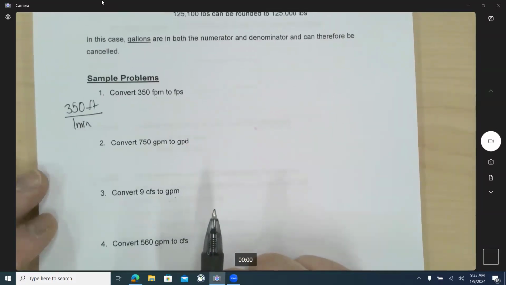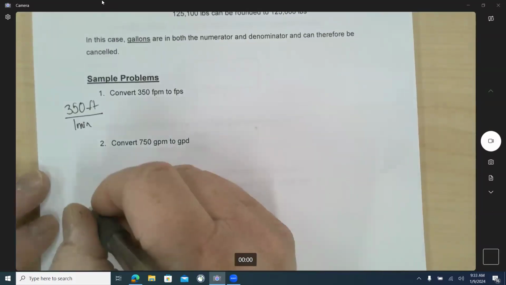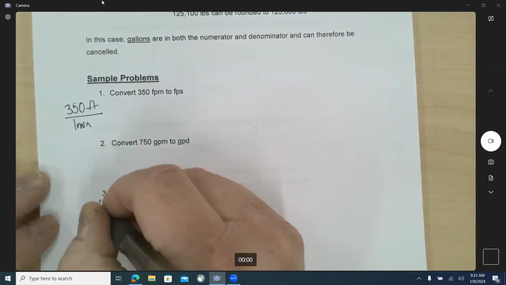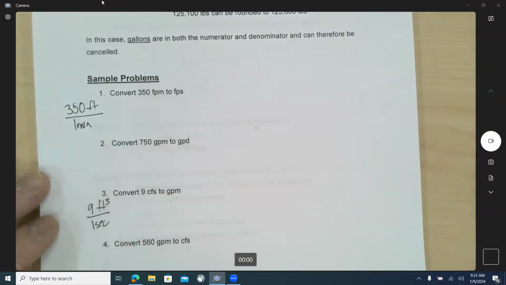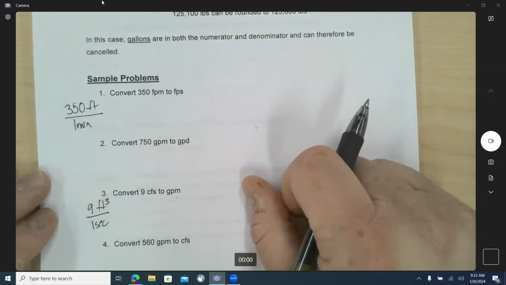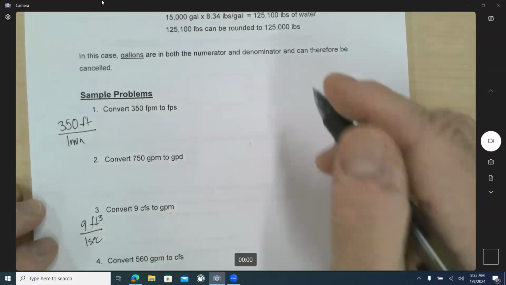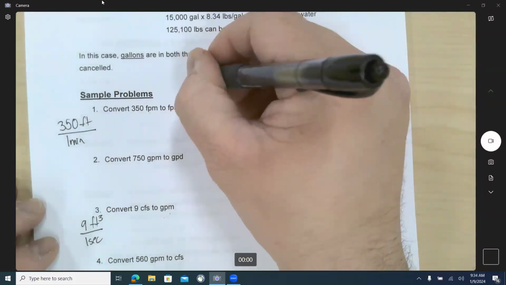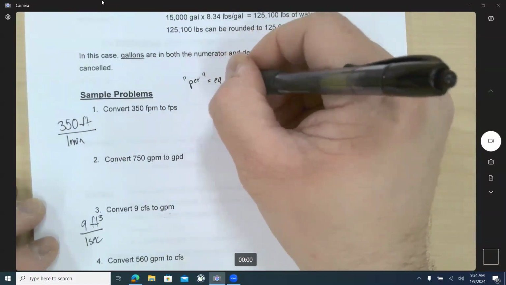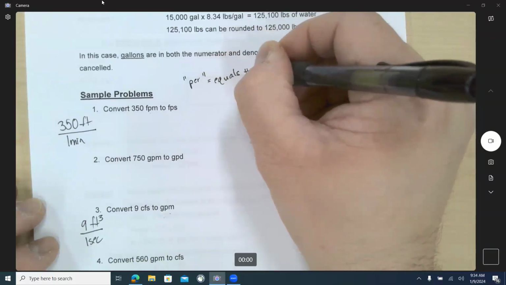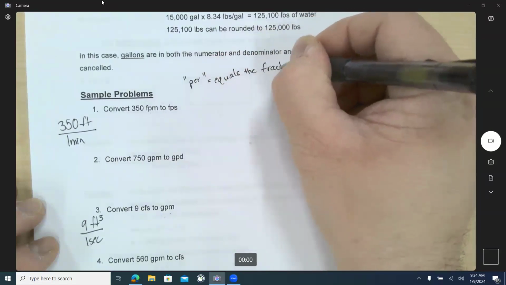Let me show you on this one. 9 cubic feet per 1 second. What does the per equal in these? The per equals the fraction bar.